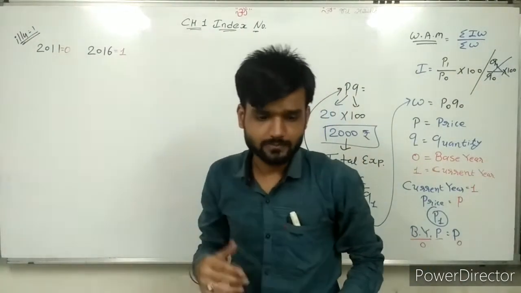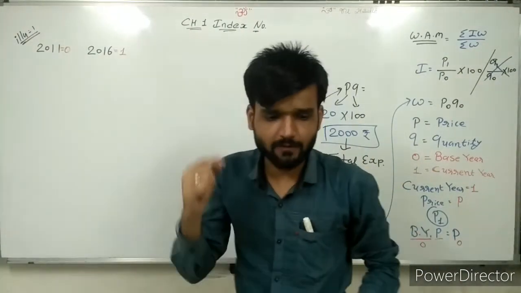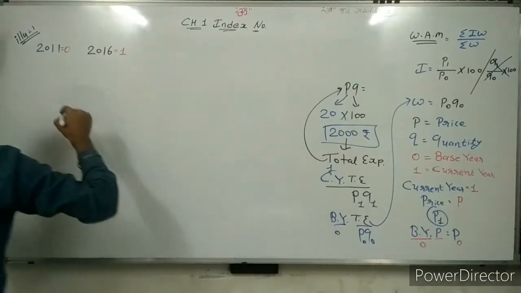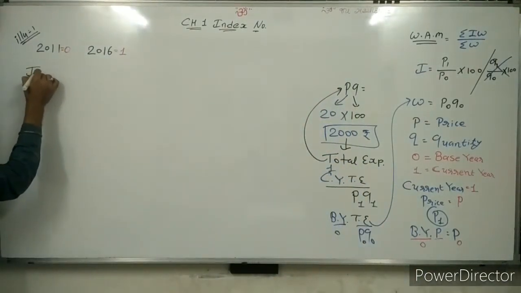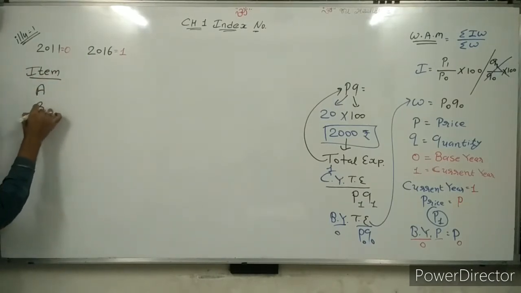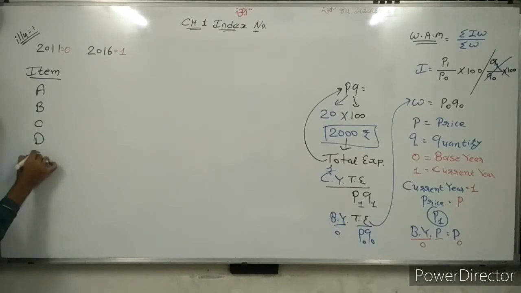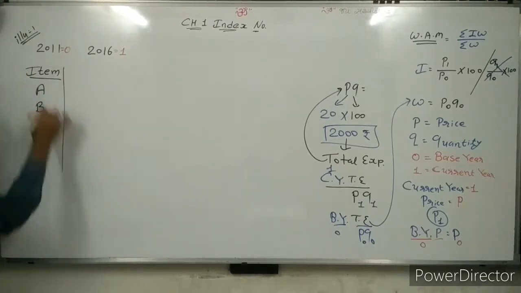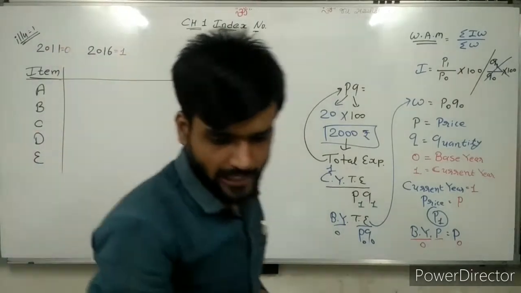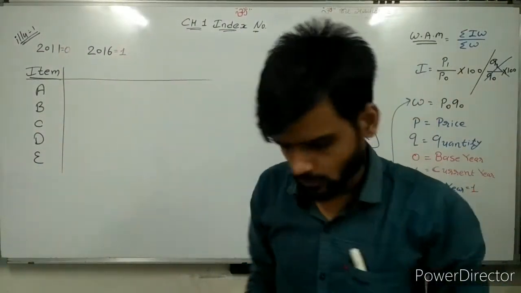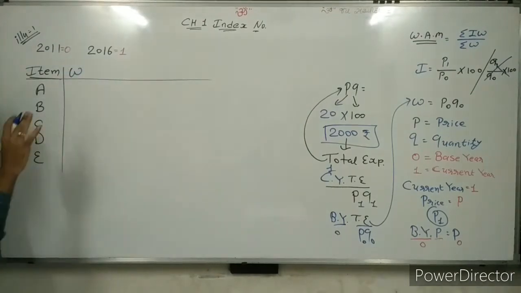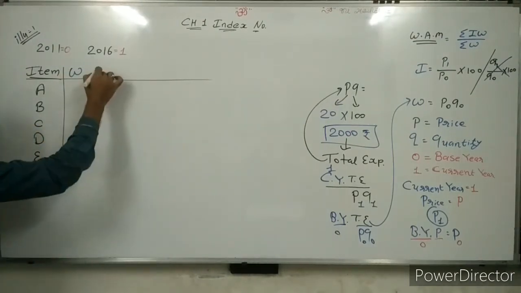Items are given: A, B, C, D and E. Now second, given weight, so writing W because weight means W.